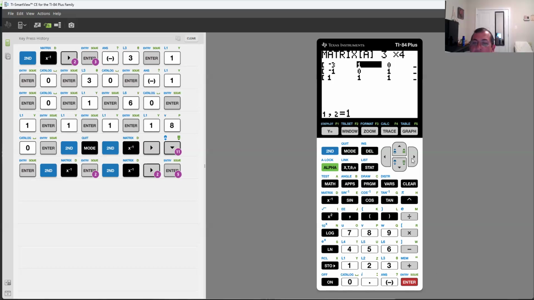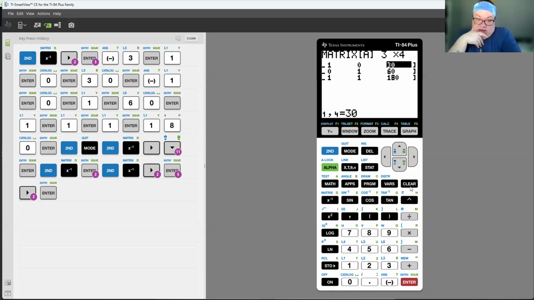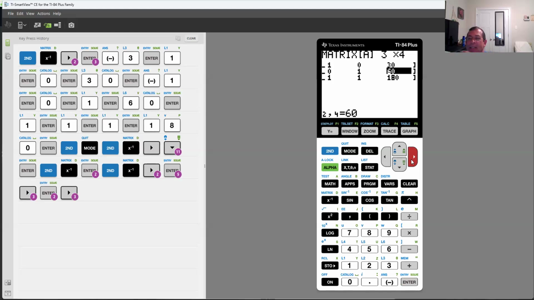And then 30. All right, next row down. -1, 0, 1, 6. Oh, that's 6. Uh-huh. So that should be a 60. So let's fix that. And then you'll go down to your last row and see what you got.